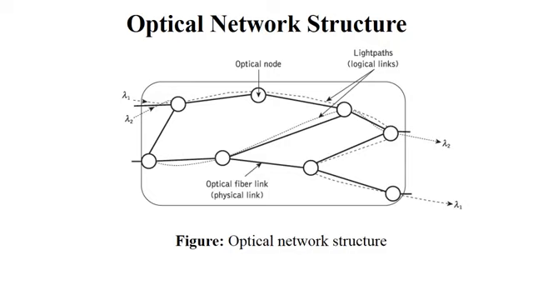In such a case, we need to establish a path, which we can observe in these dashed lines, that traverses many nodes and finally reaches this node. This path we call a logical link between one source node and the destination node. So this dashed line indicates the logical link.